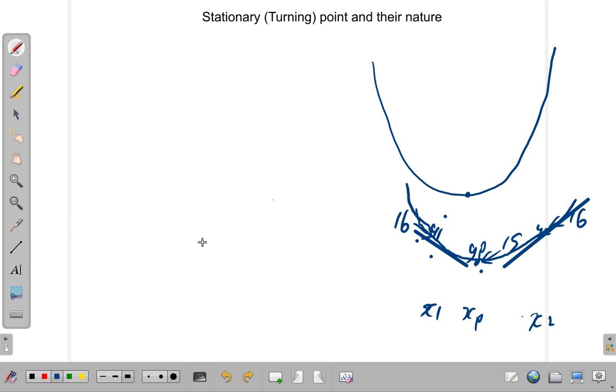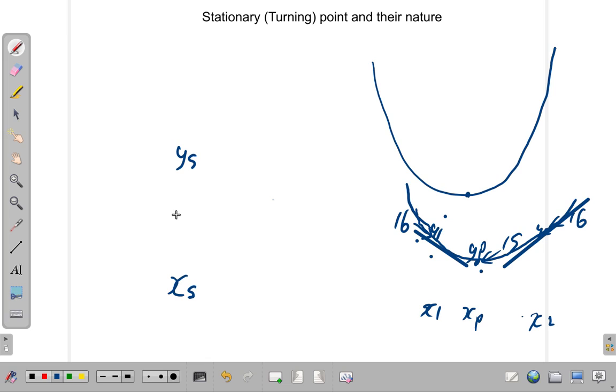These dots keep jumping on the screen. You have a certain function, an equation, and when you differentiate it and equate it to 0, you see that it has a stationary point. The stationary point is at xs, which is a turning point. xs is your stationary point, and the value of y is ys, y stationary.